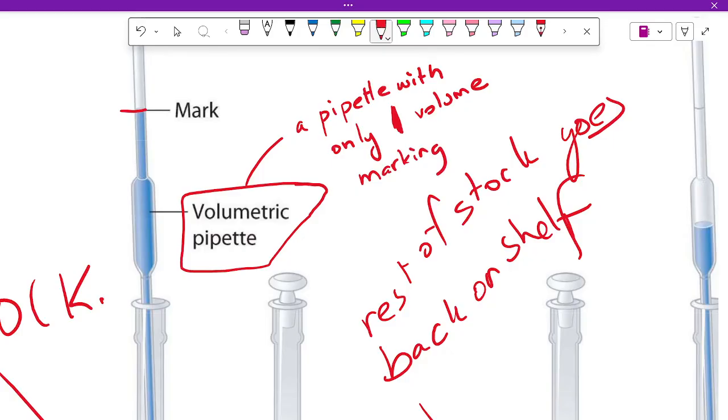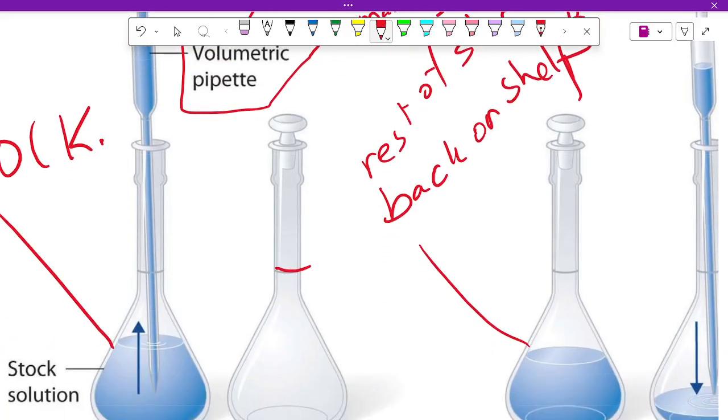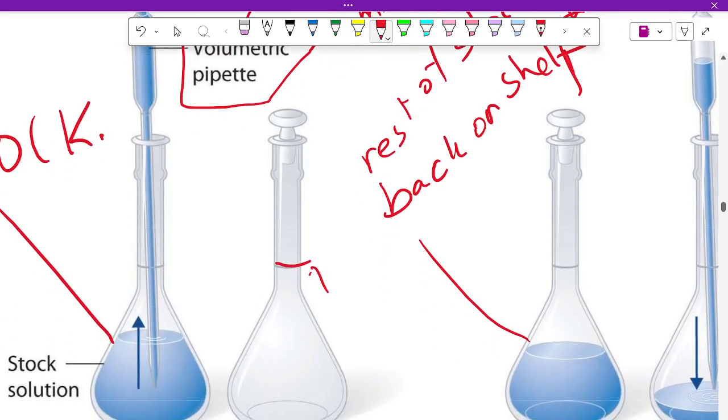A pipette with only one volume marking. What would we call a flask with only one volume marking? A volumetric flask.